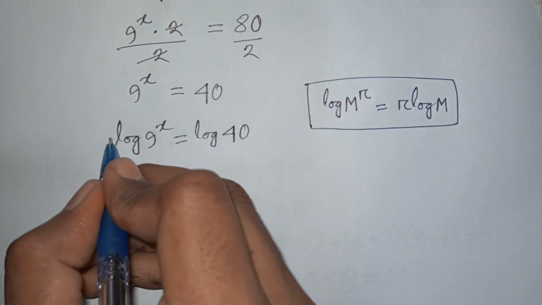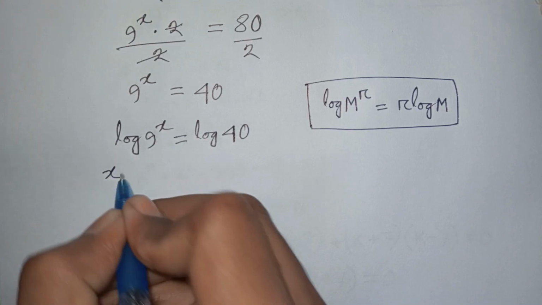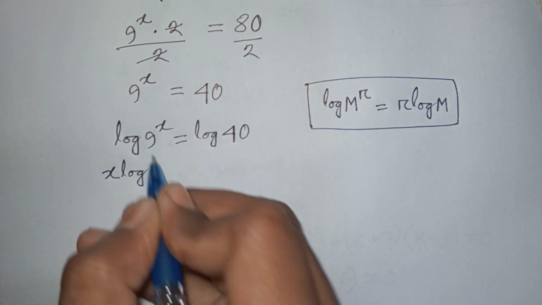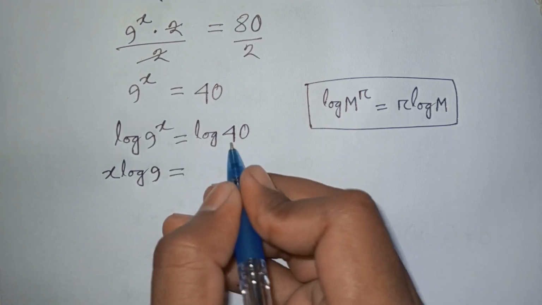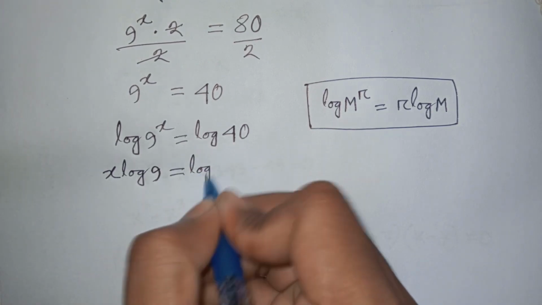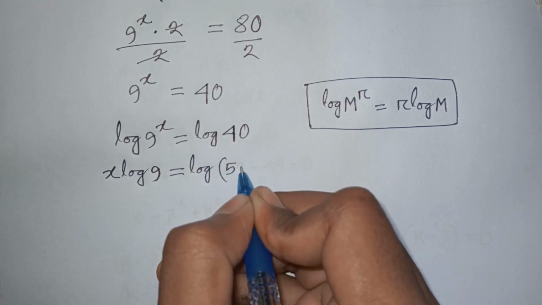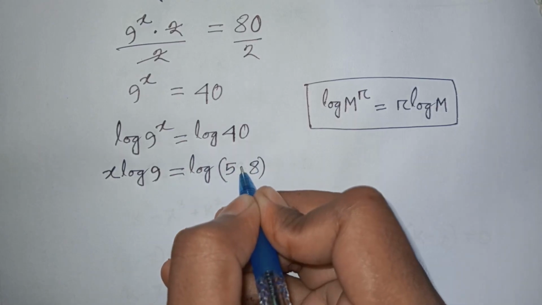So this power x will move to the front, so it will be x log 9 is equal to log of 40, which can be written as log of 5 times 8.